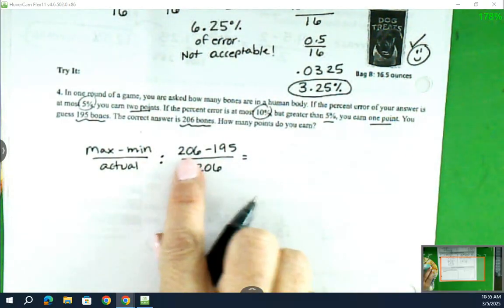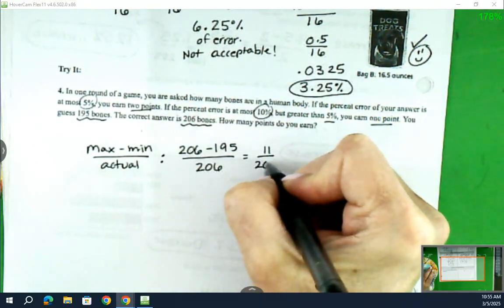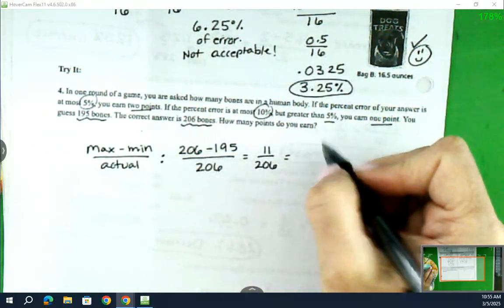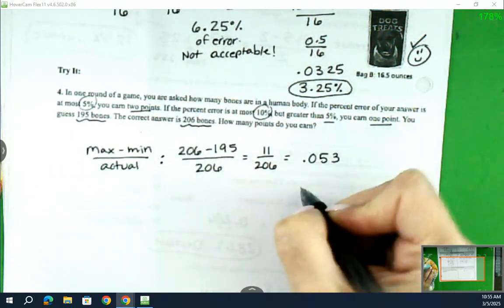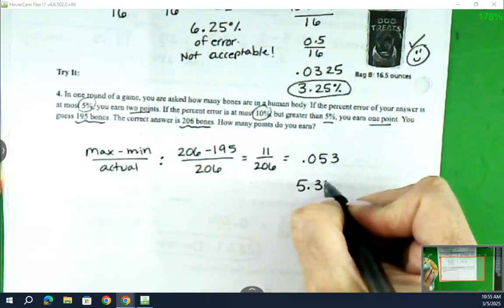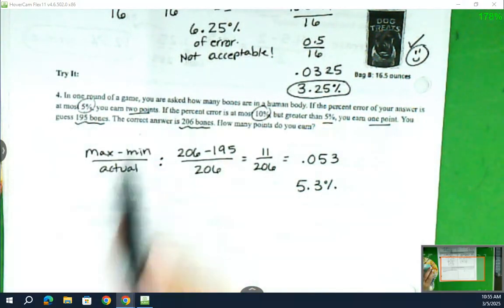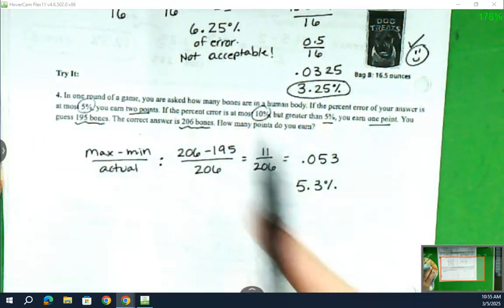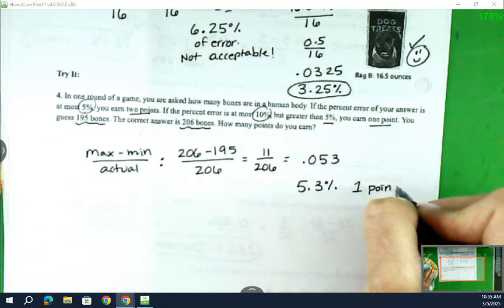When we subtract, 206 minus 195 is 11. So 11 divided by 206, which is 0.053, which is 5.3%. So that is over our 5% for earning 2 points. So between 5 and 10, for this question, you would earn 1 point.